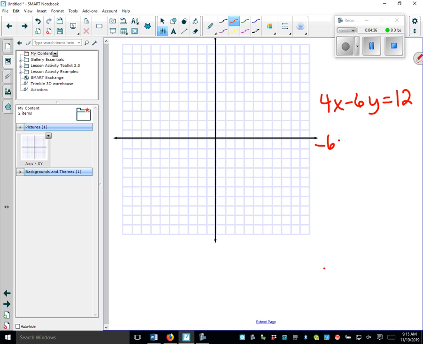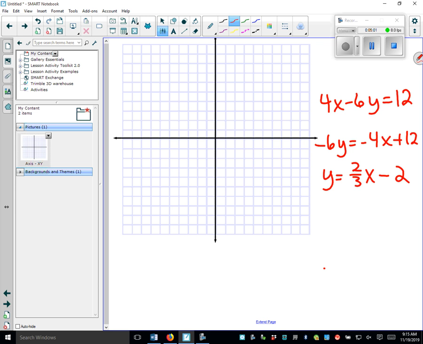So negative 6y equals negative 4x plus 12. Divide by negative 6. Y is 2/3 x minus 2.